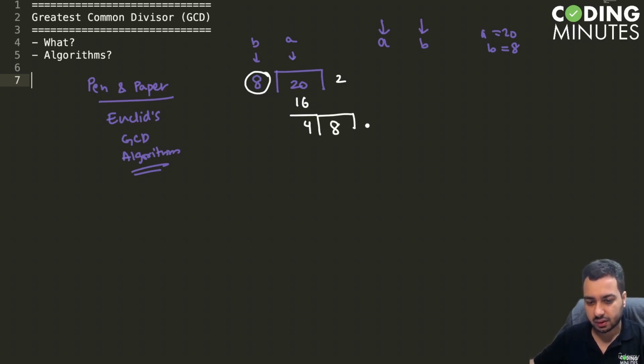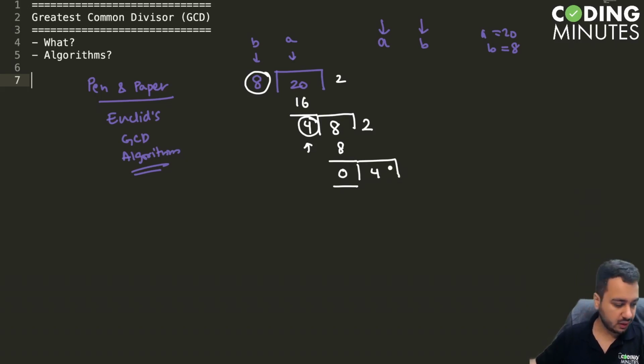We say 4 twos are 8 and the remainder is 0. So finally, what is the GCD? The GCD is this number: when you get a remainder 0, whatever is here becomes the GCD. Or you can say you keep 0 here, you put 4 here, and then finally you can say this 4 is the GCD.